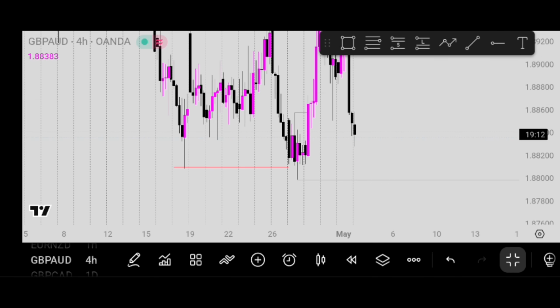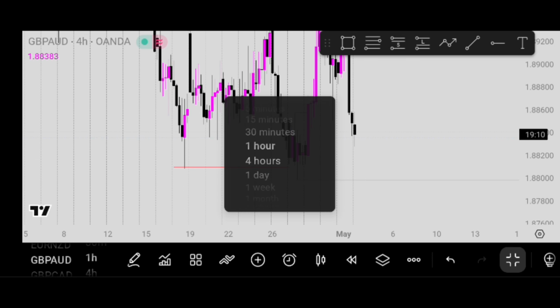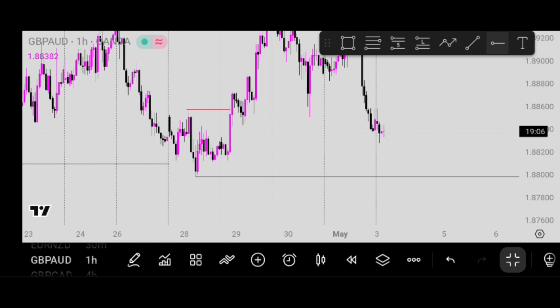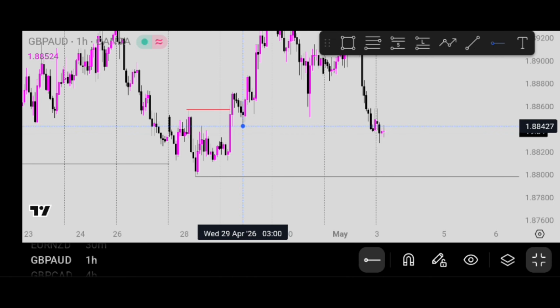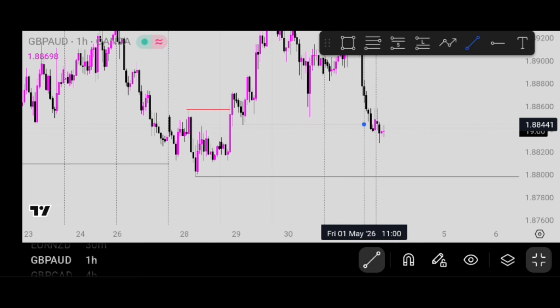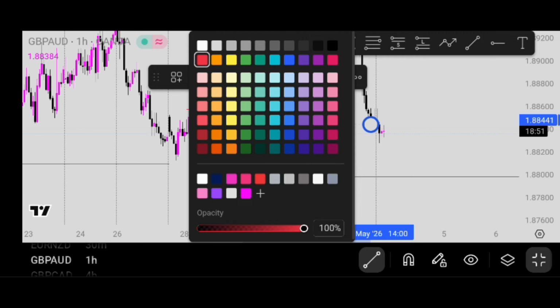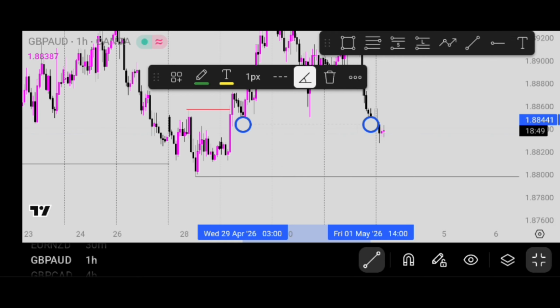And if that was the break of structure, then when we drop to the 1 hour, we are going to first look for the first pullback. And then the first pullback is just here. That is going to be our liquidity.